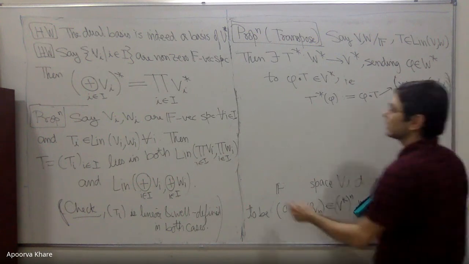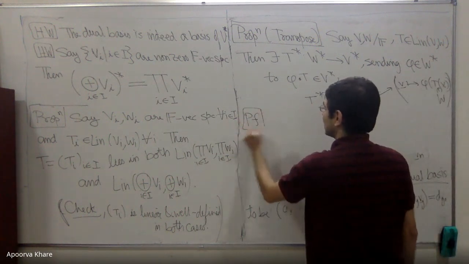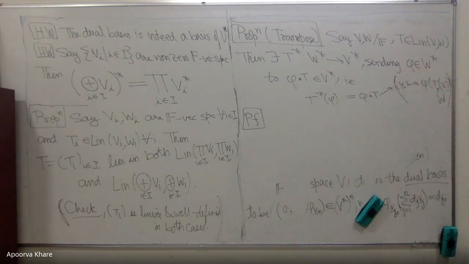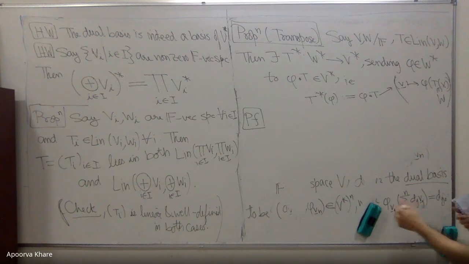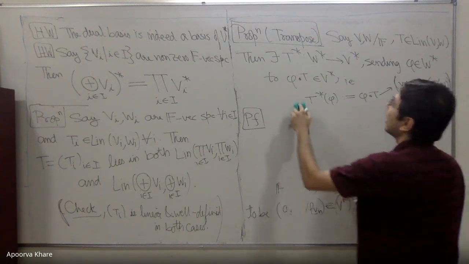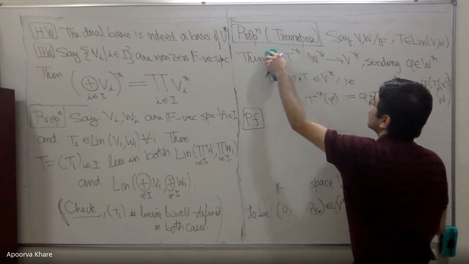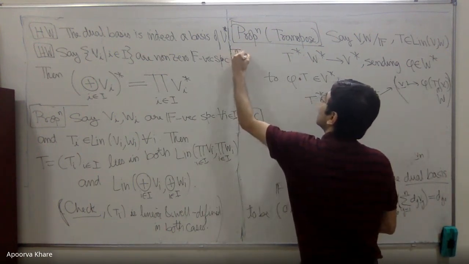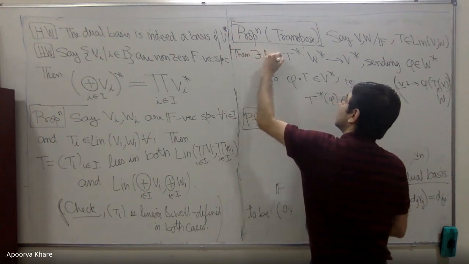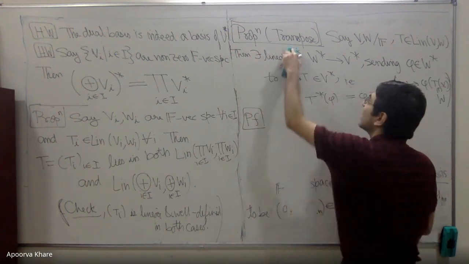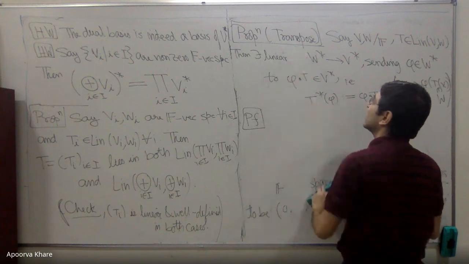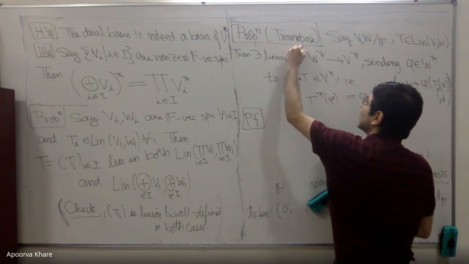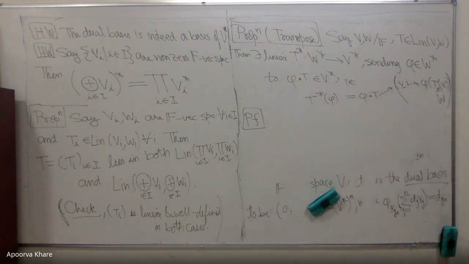And the proof is literally very simple. The point is this is linear. Sorry, I should have said it's linear. Linear map T star from the codomain.